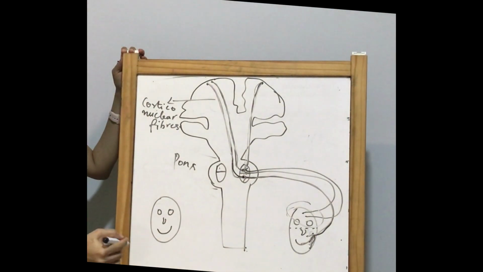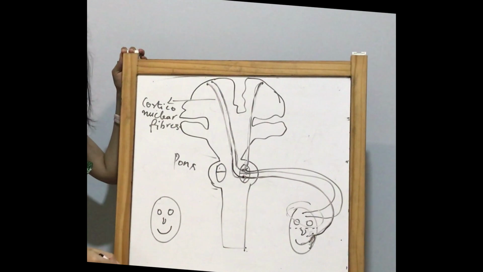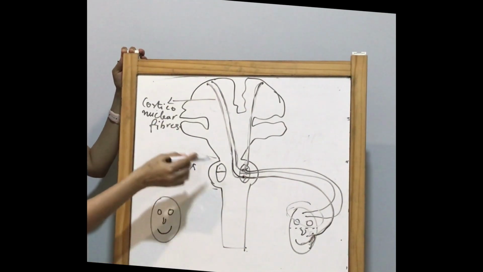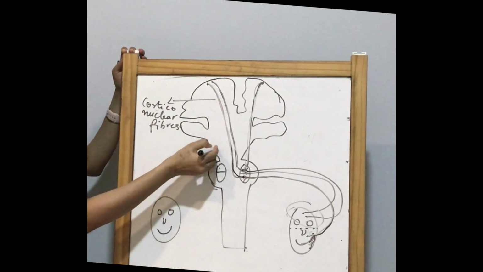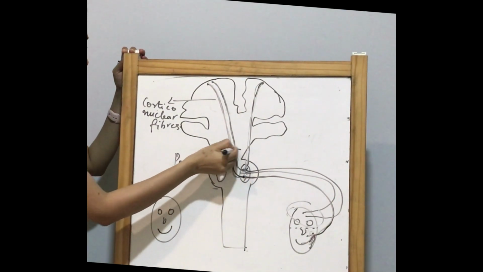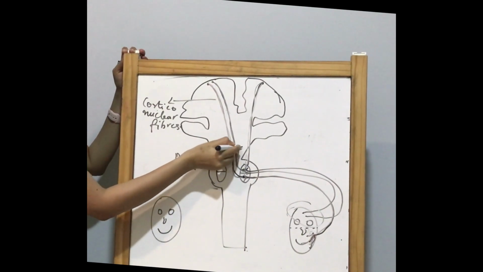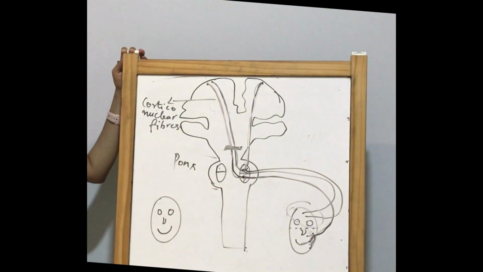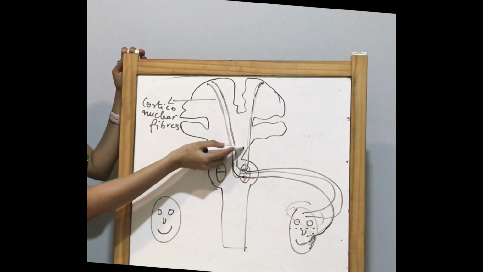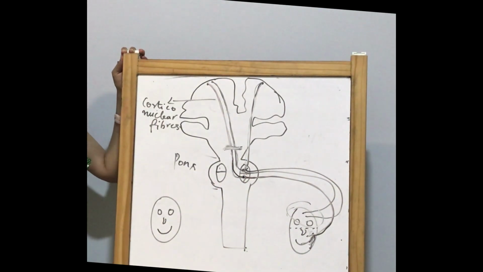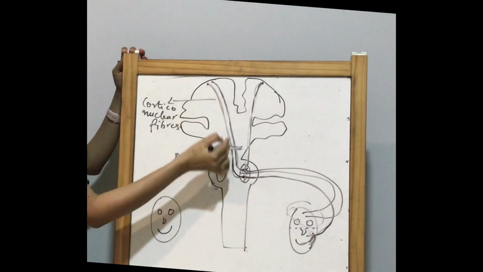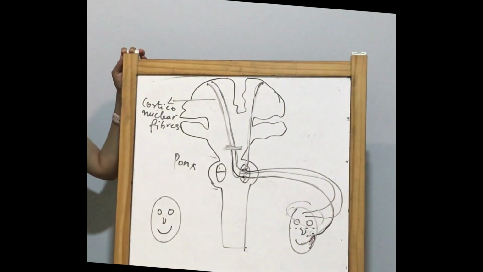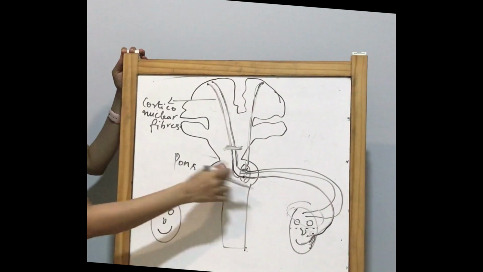That's why, whenever there is an upper motor neuron lesion of corticonuclear fibers, in the vignette the deficit was in the midbrain, here in the crus cerebri. If the right side corticonuclear fibers are affected, the lower part doesn't receive any corticonuclear fibers, so there is no control there.